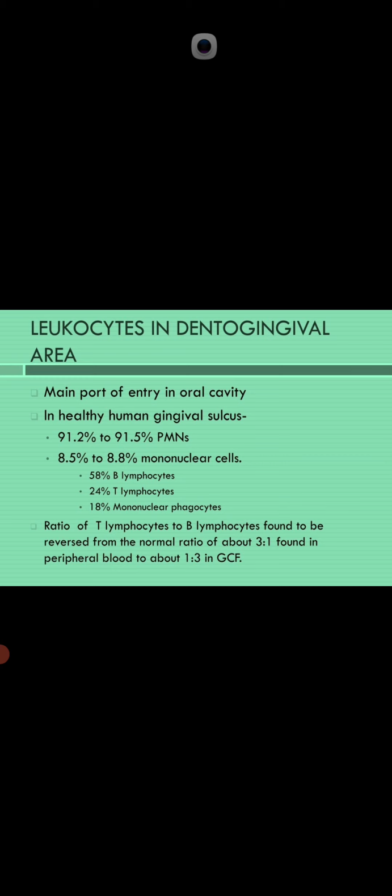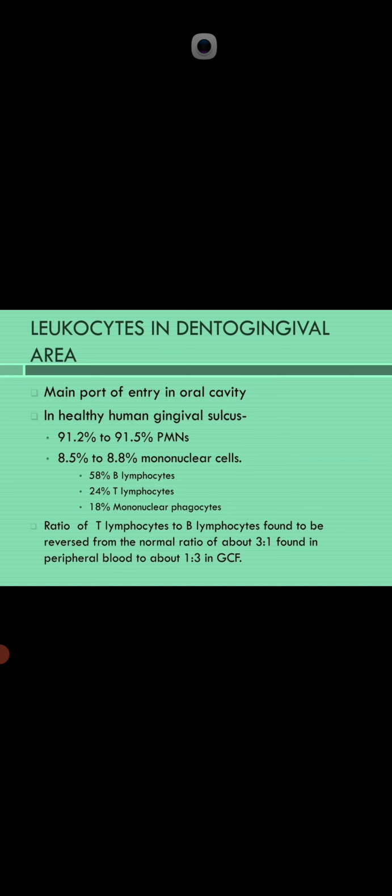Now here, the ratio of T lymphocyte to B lymphocyte is found to be reversed from the normal ratio of about 3:1 found in peripheral blood to about 1:3 in GCF. Now the important thing is, in GCF the glucose concentration is greater than blood. Next, the B lymphocyte ratio is greater than the T lymphocyte.